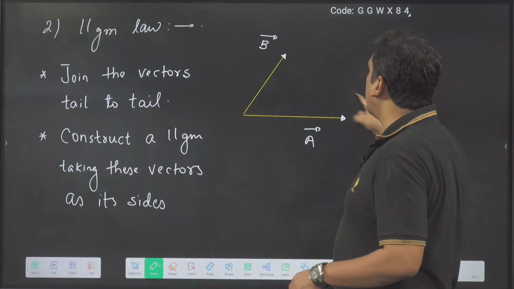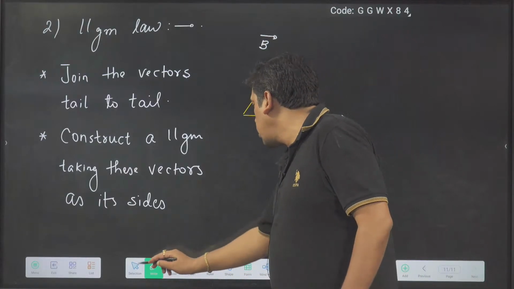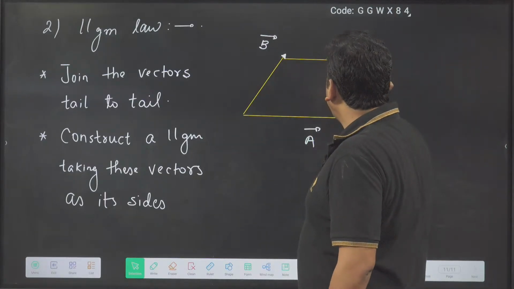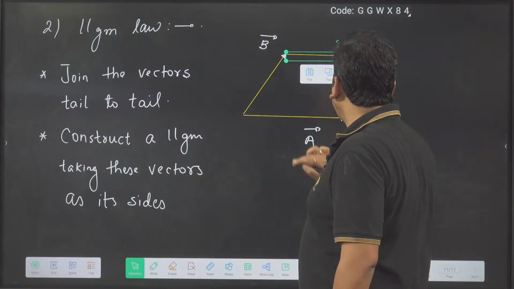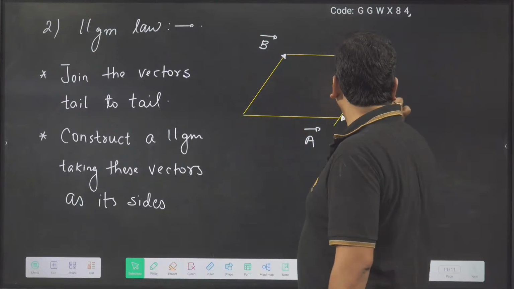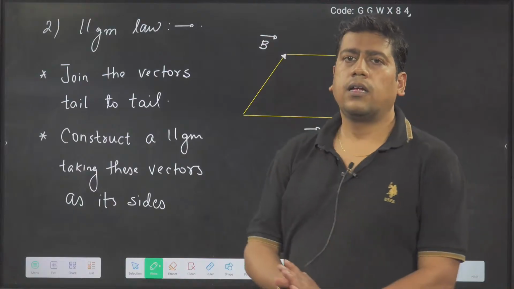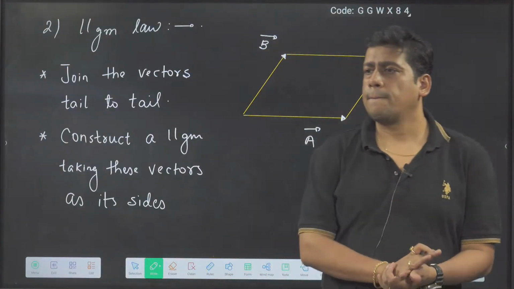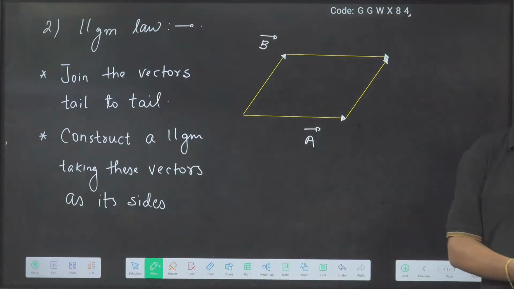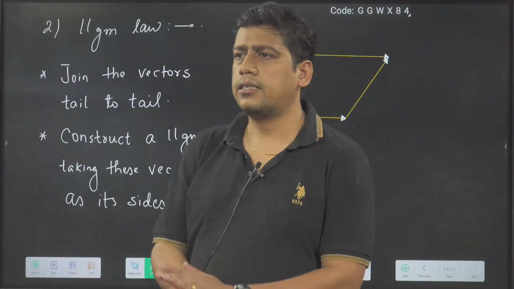So what I will do, I will construct a parallelogram like this. Construct a parallelogram taking these vectors as its sides. Yes, definitely we can do like this.